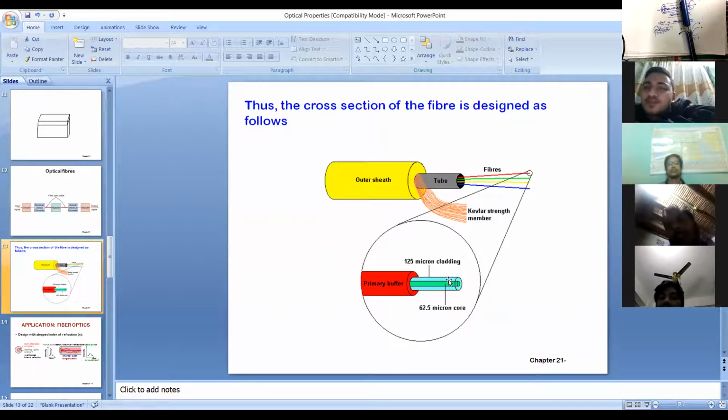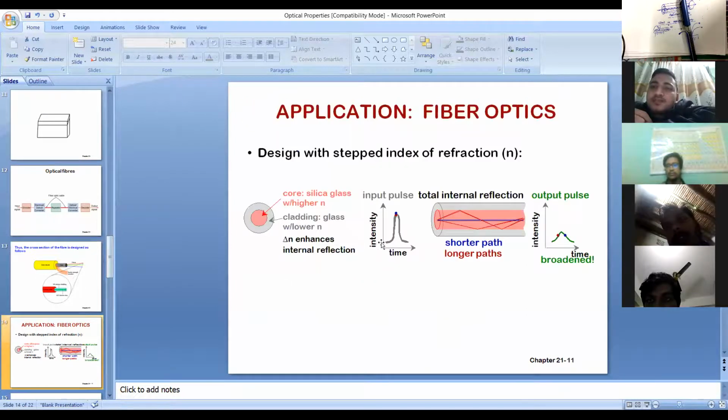In the junction of core and cladding, there is a total internal reflection, and this is the polymer sheathing. So here is the total internal reflection. This is the optical fiber, or what is fiber optics? Total internal reflection. Okay.